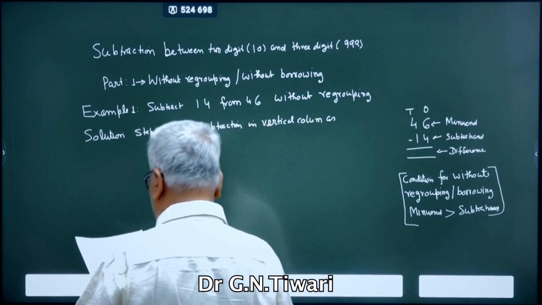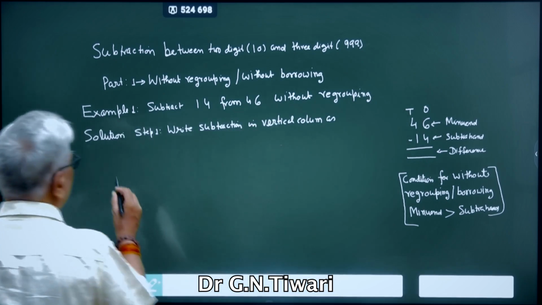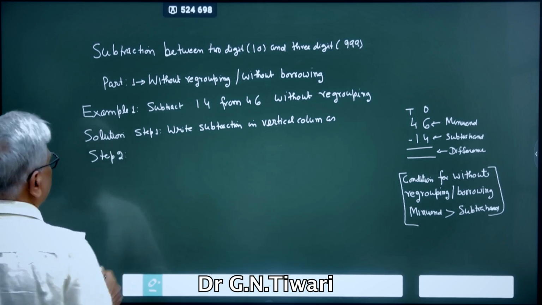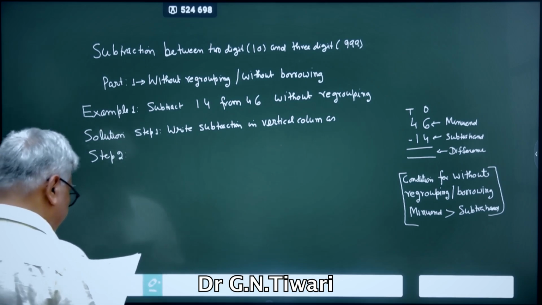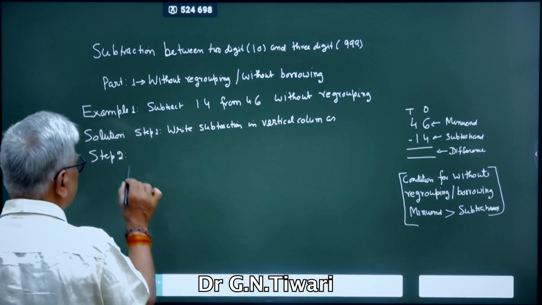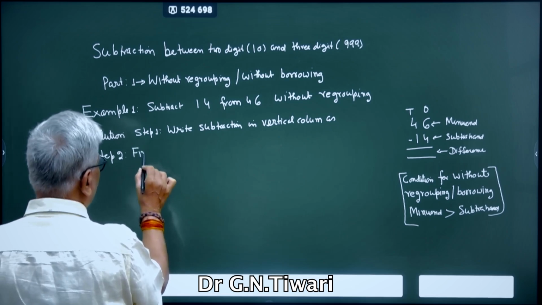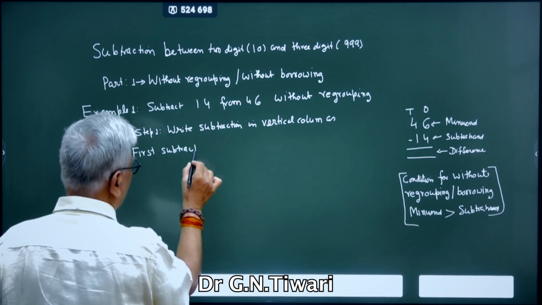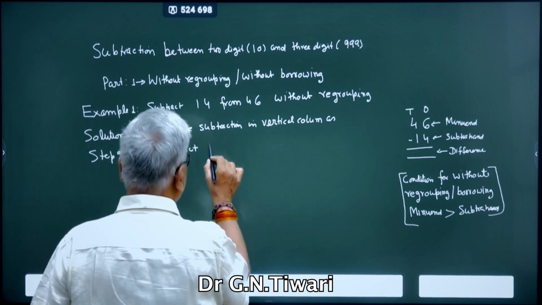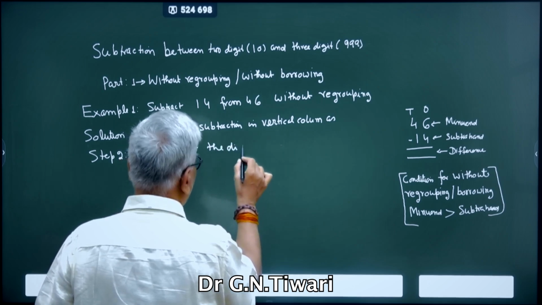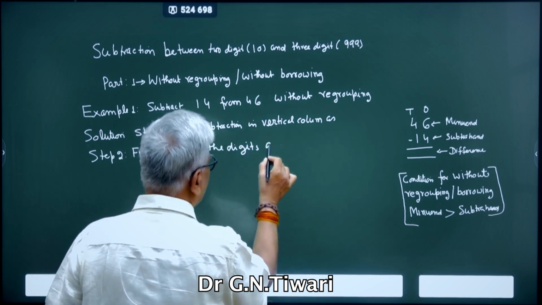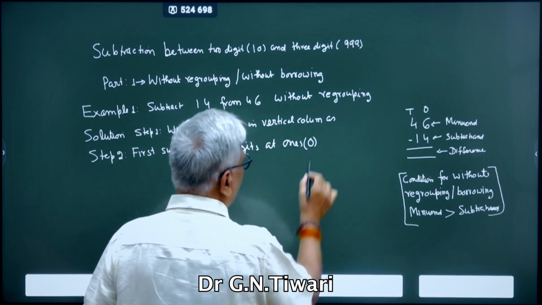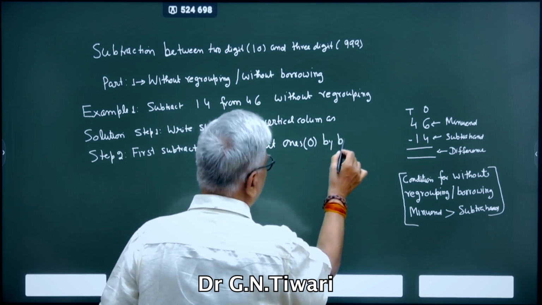So now step 2. First, subtract the digits at ones by backward counting.